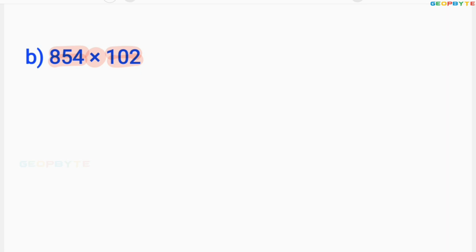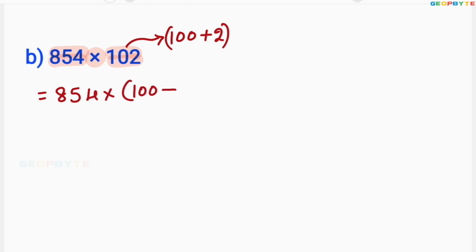By using the distributive law, I can write this one as 100 plus 2. It is equal to 854 multiplied by 100 plus 2. What property did we use here?